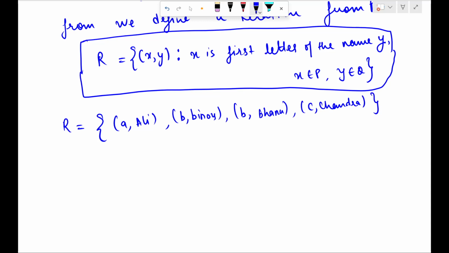Because X is the first letter of the name Y, we take A and then Ali, and B for Binoy, B for Bhanu, and C for Chandra. So this is how we define a relation.